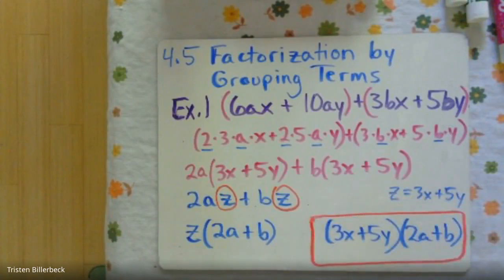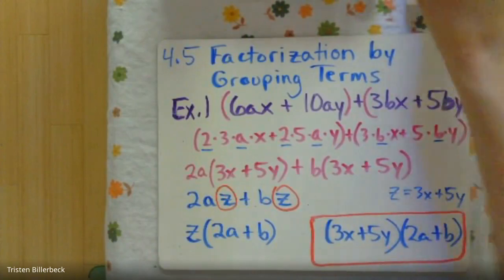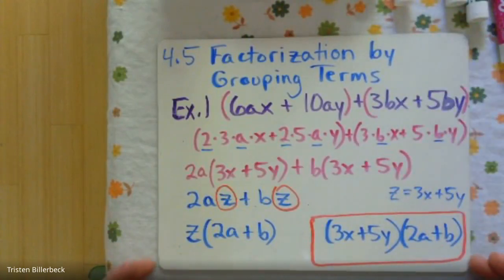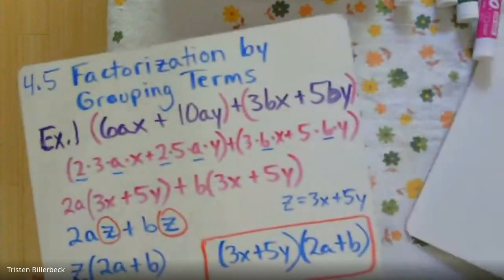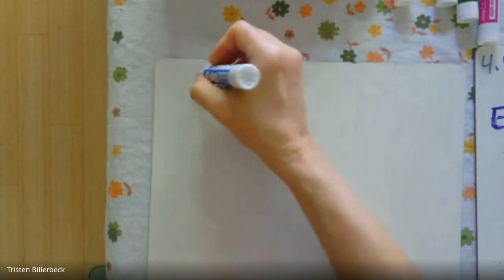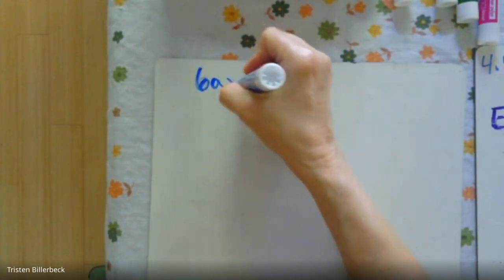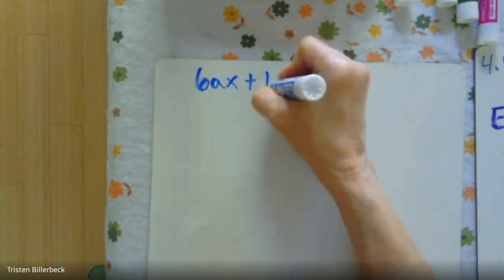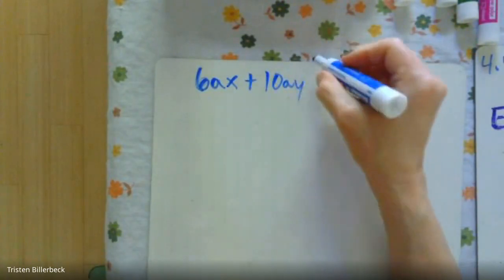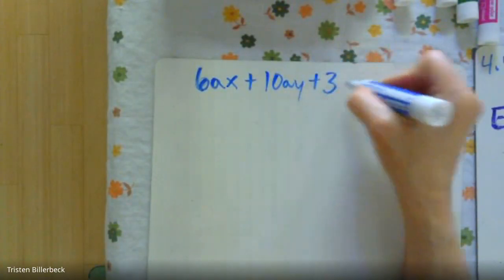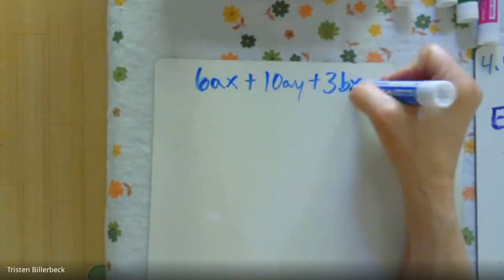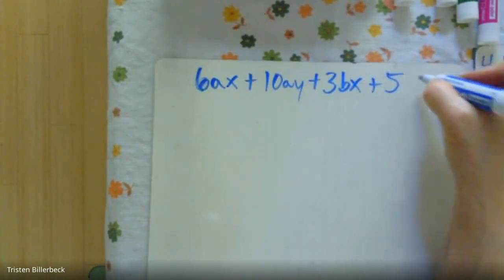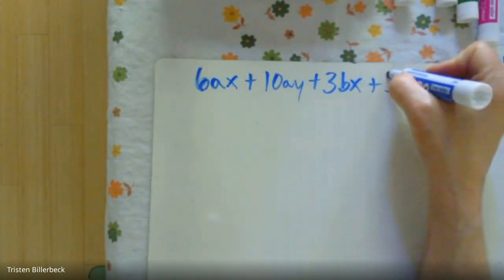Let's try it in a different way. We'll take the same thing and do it in a different way now. Okay, our original expression was 6ax plus 10ay plus 3bx plus 5by.